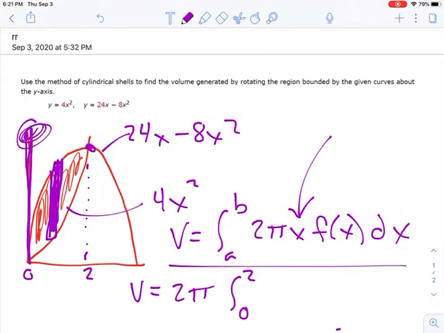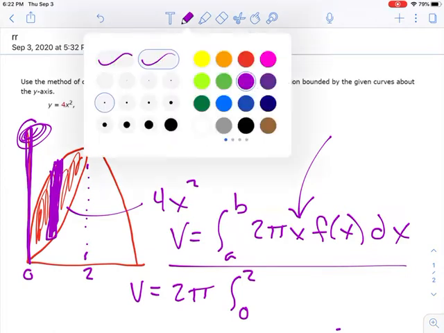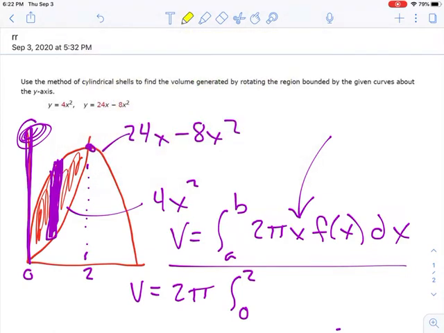The length of the rectangle is vertical. The distance from the axis of rotation, which is the y-axis, to the center of any rectangle is the radius, because this is going to be rotated around the y-axis. So the radius is that distance x. The function value would be the height of the rectangle.